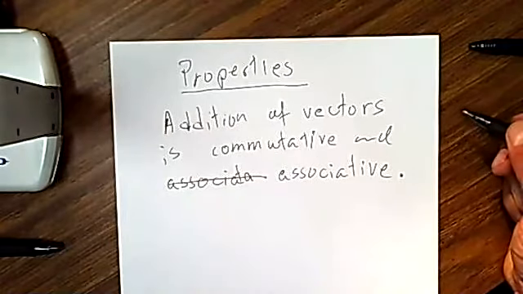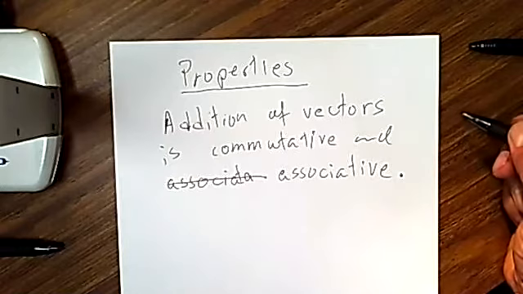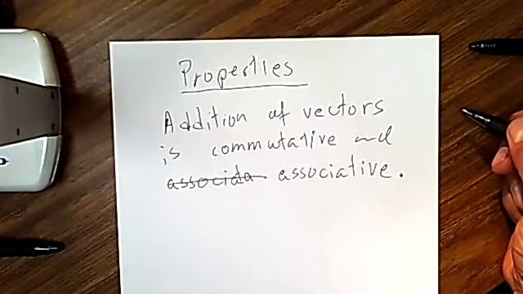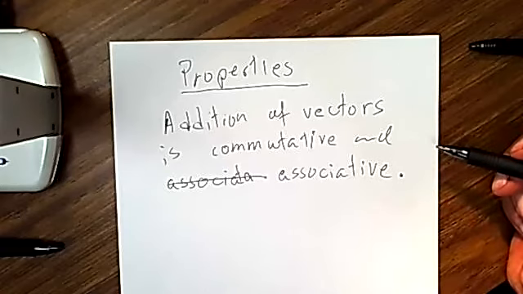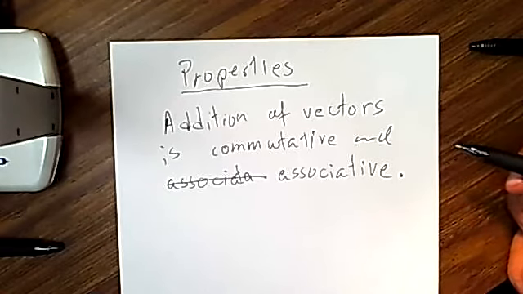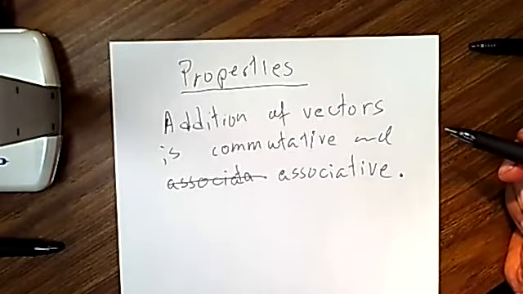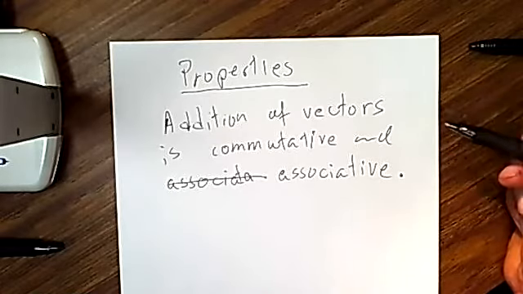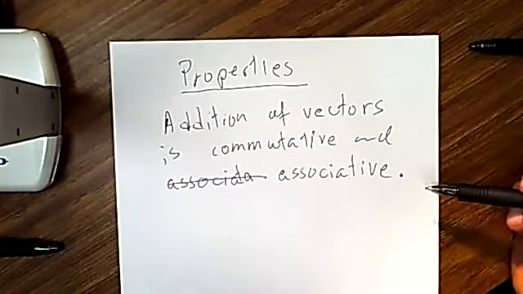So those are the first two properties of vectors. Those two properties are inherited from the same properties of real numbers with addition, because the addition is commutative and associative, and consequently, those two properties carry over to vectors.